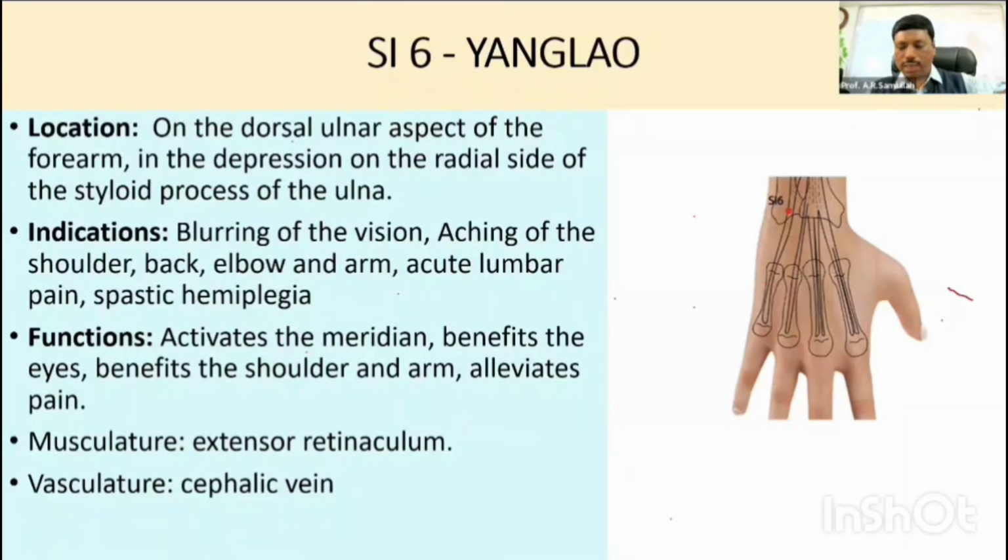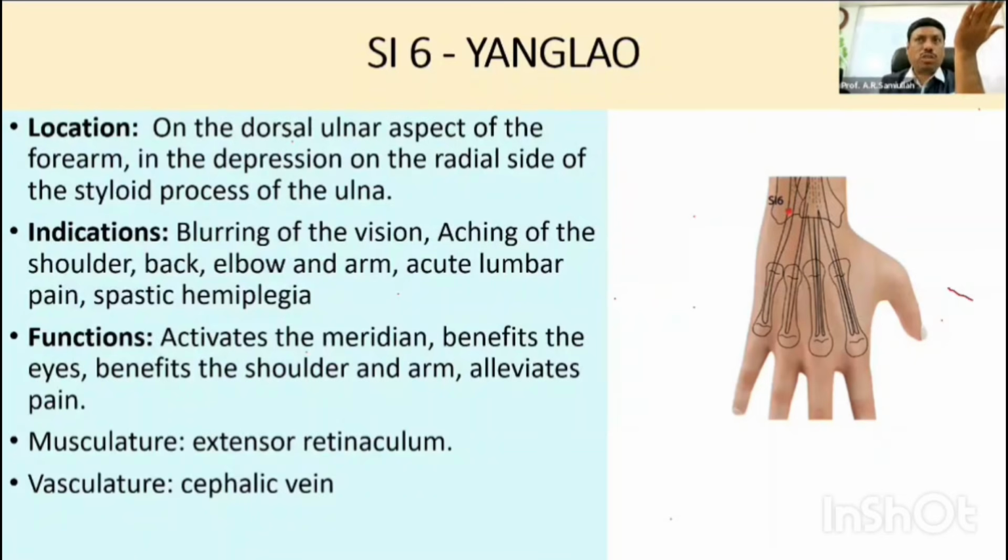Where is the point located? SI6 is located at the styloid process of the ulna, in the depression.